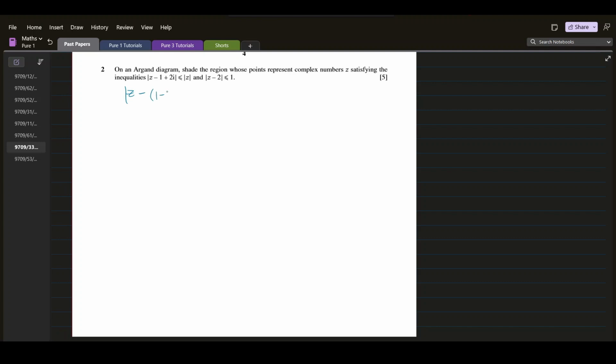So that becomes 1 minus 2i, and this is less than or equal to the modulus of z. And if we do the same for the other inequality, that's z minus 2 plus 0i, and this is less than or equal to 1.